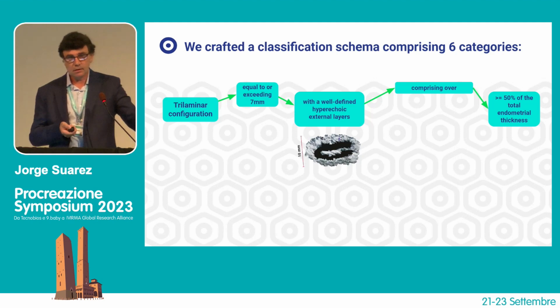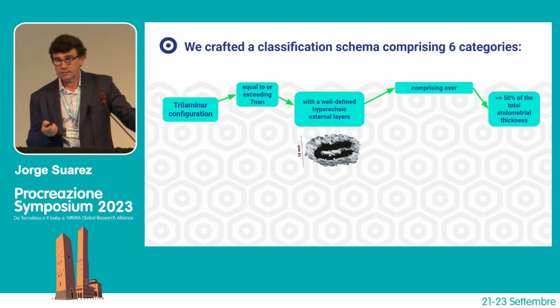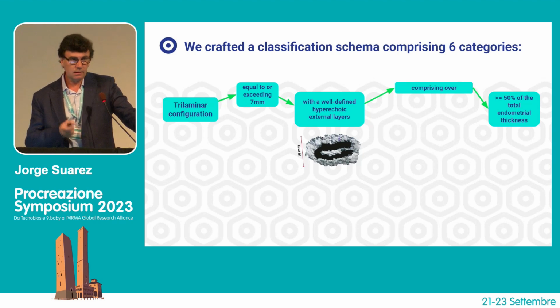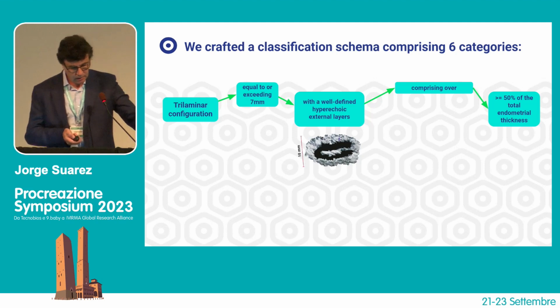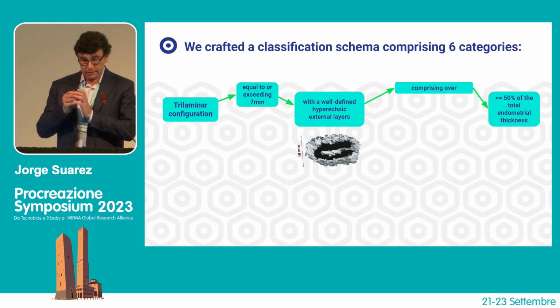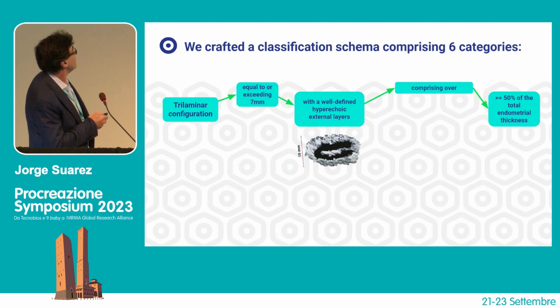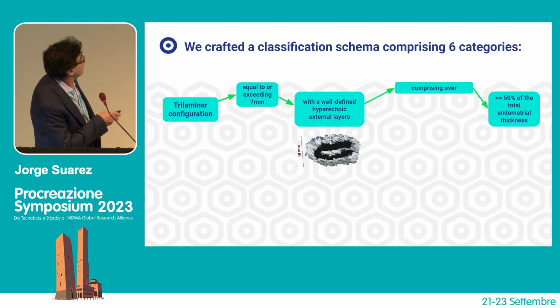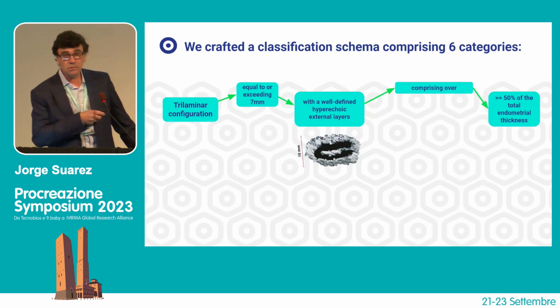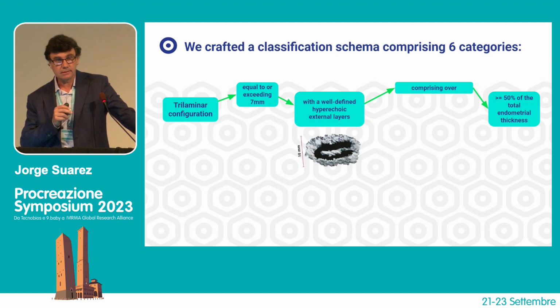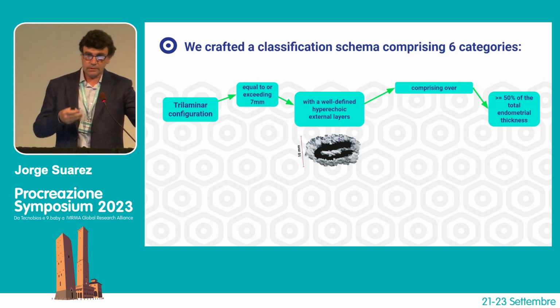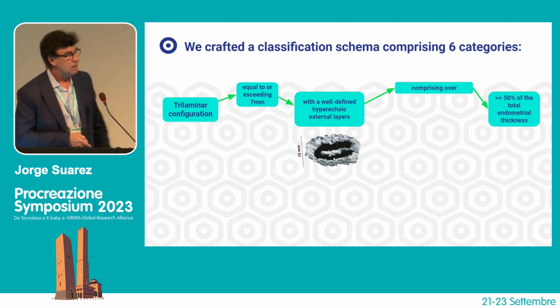The literature always speaks of 8 millimeters, but our study sets a different point, 7 millimeters, with well-defined hyperechoic external layers comprising a proportion equal to or greater than 50% of the total endometrial thickness. This is a new concept that we are trying to expose here today.